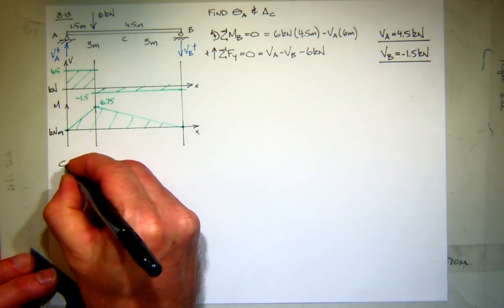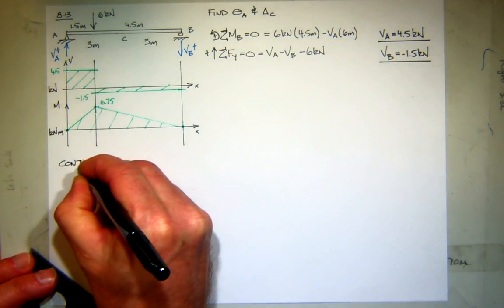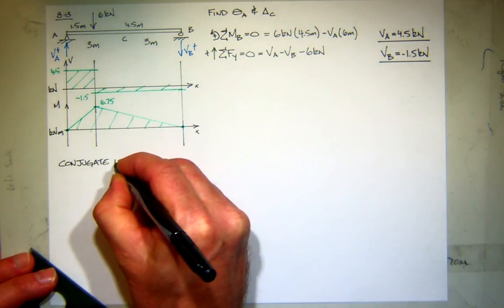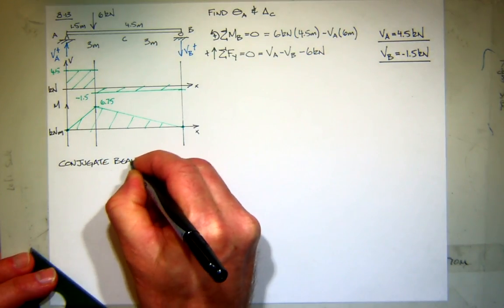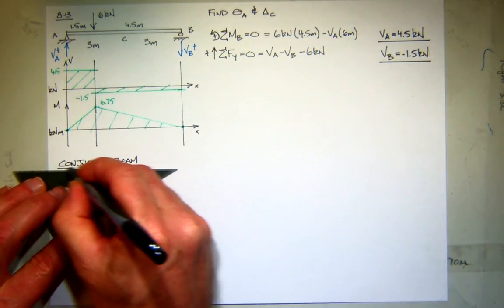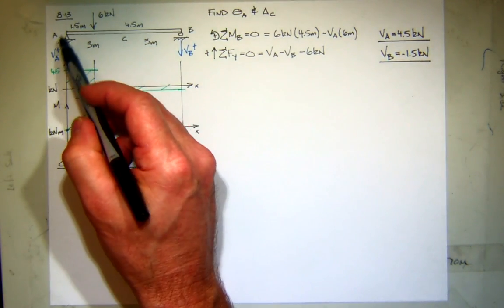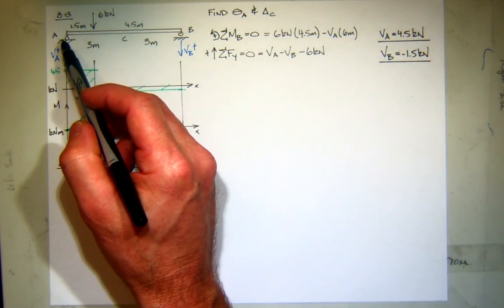So I'm going to now draw my conjugate beam. So in conjugate space, a pin in the real beam becomes what in the conjugate beam? A pin.